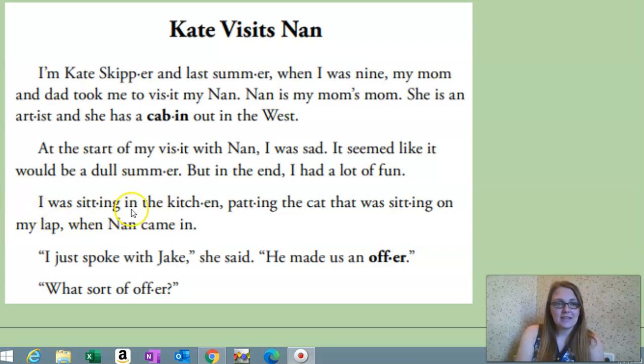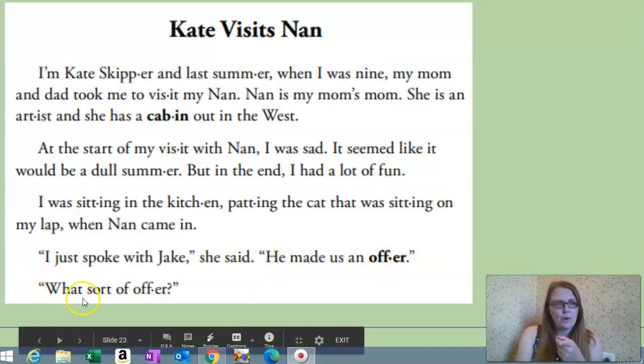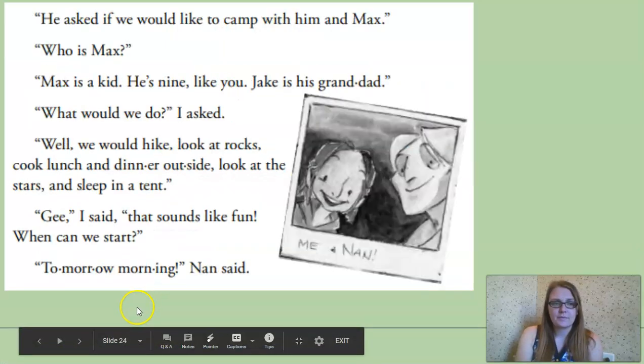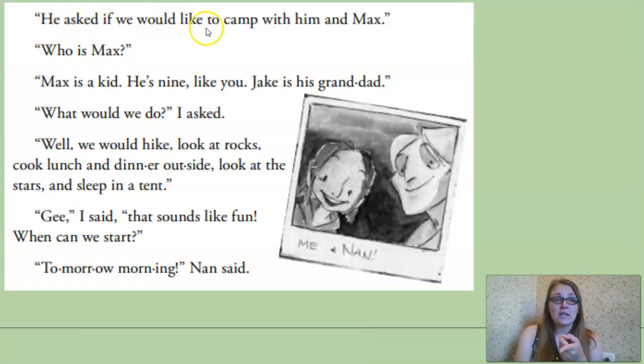I was sitting in the kitchen patting the cat that was sitting on my lap when Nan came in. "I just spoke with Jake," she said. "He made us an offer." "What sort of offer?" "He asked if we would like to camp with him and Max." "Who is Max?"